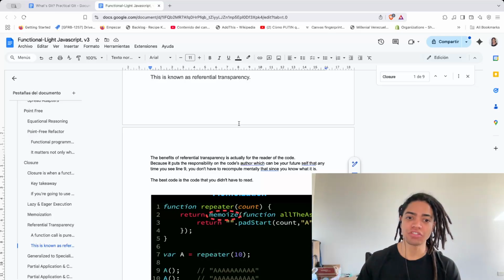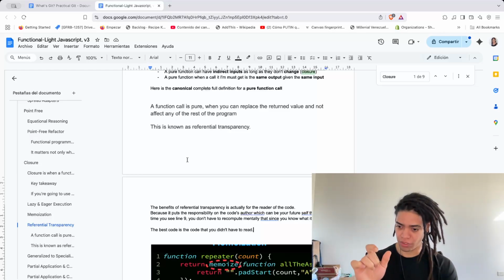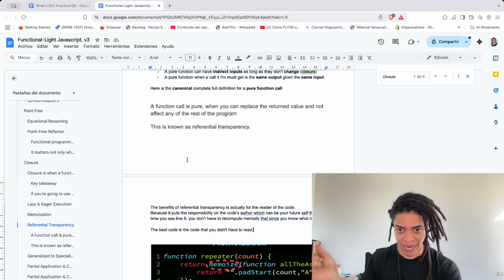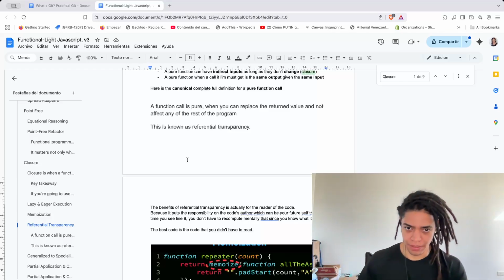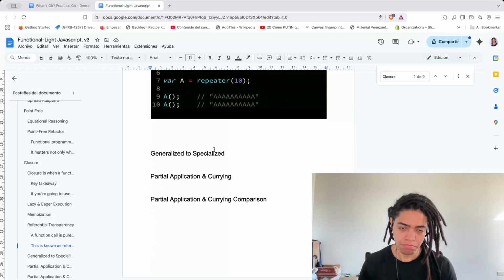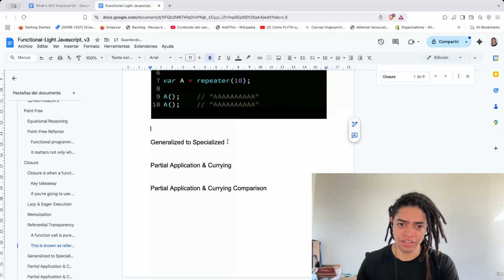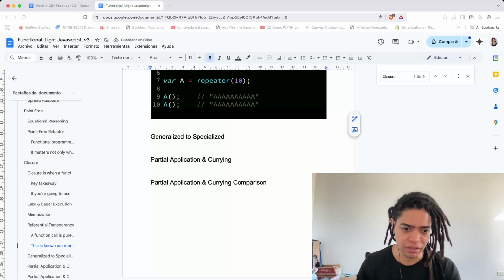It's referential transparency, right? So a function call, because it's all about the function call, is pure when you can replace the returned value and not affect the rest of the application. This is referential transparency. So let's go from generalized to specialized, right? And partial application and currying and all that kind of stuff.